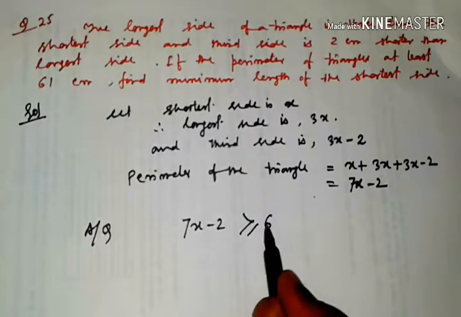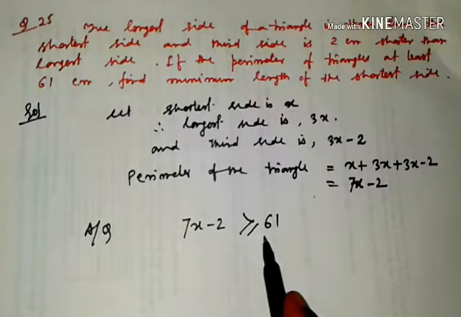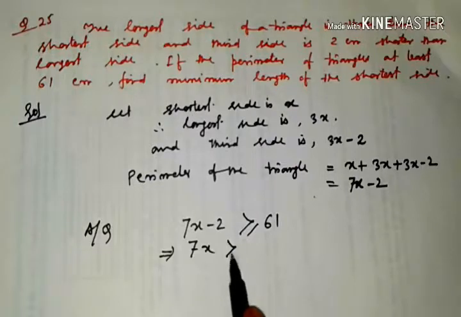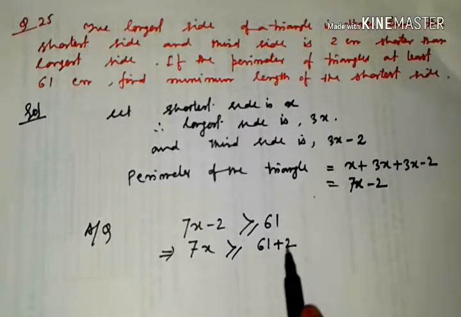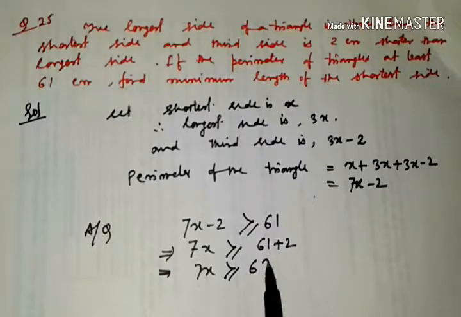At least 61 means greater than or equal to 61. Therefore, 7x minus 2 is greater than or equal to 61, that is 7x greater than or equal to 61 plus 2, 7x greater than or equal to 63, so x greater than or equal to 63 by 7.